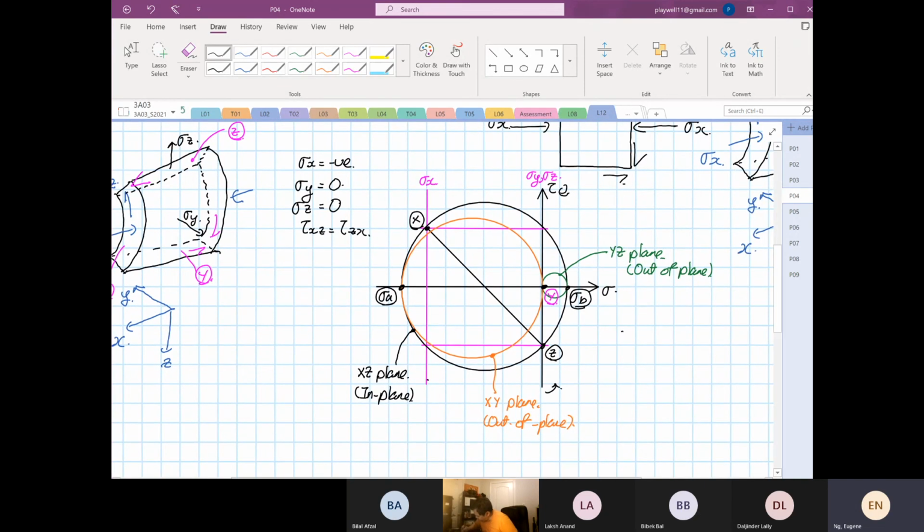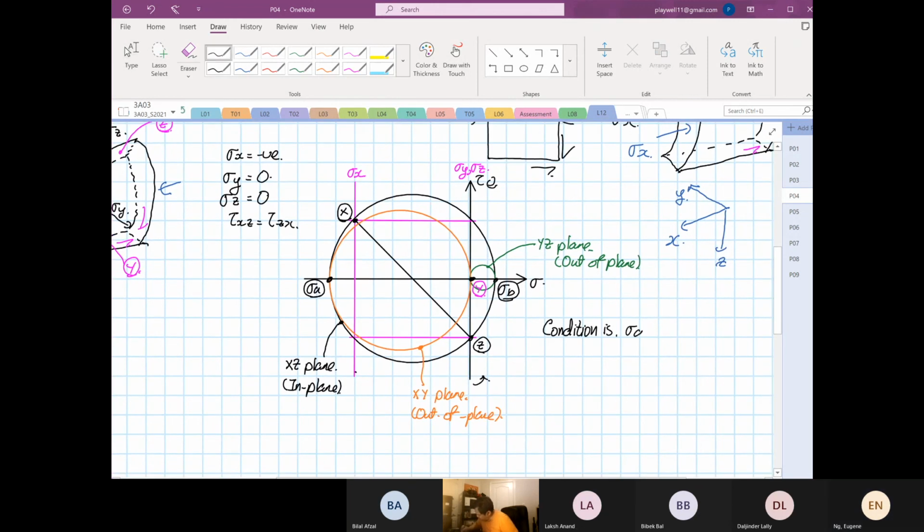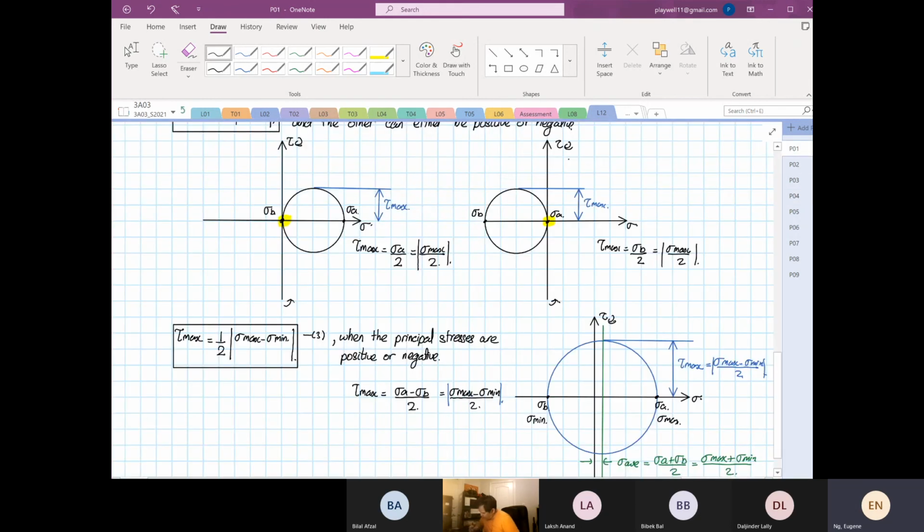The condition is, stress A and stress B are positive and negative. So therefore, when that's the case, you go back to over here: when the principal stresses are positive and negative, you have to use this condition.